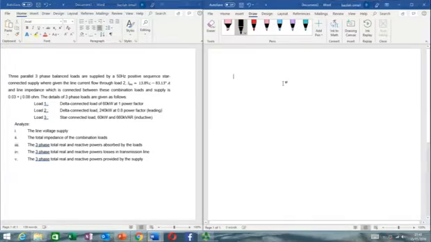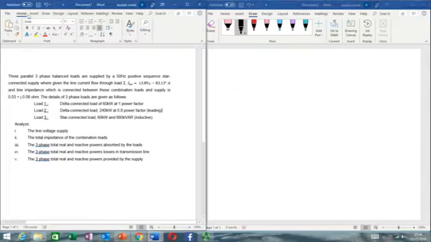Basically, since this question is not a direct question, the parameter given is actually the current through load 2. So we have to determine the parameters in load 2 first.